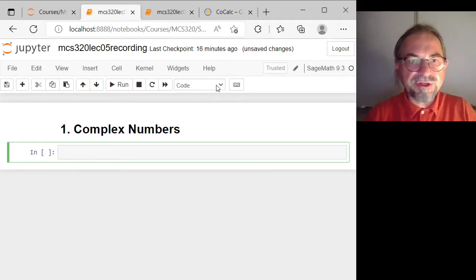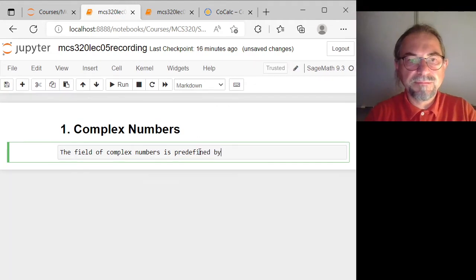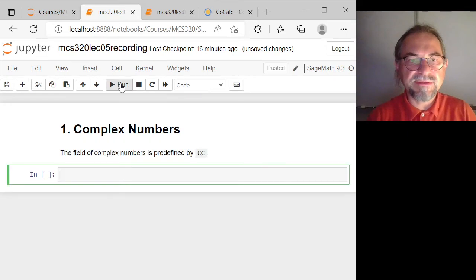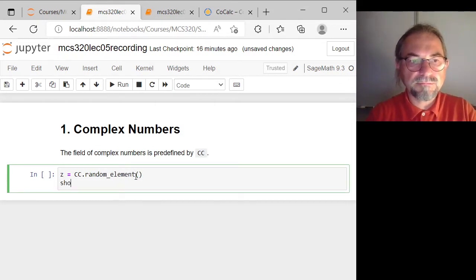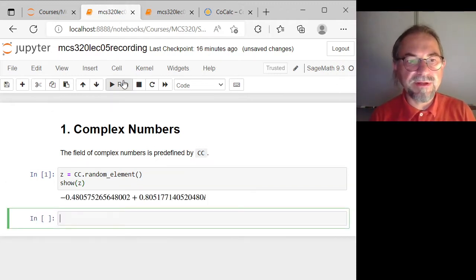In Sage, the field of complex numbers is predefined by the symbol CC. So, kind of the fancy C, not so fancy. I can look at a random element. Here you see a random element.